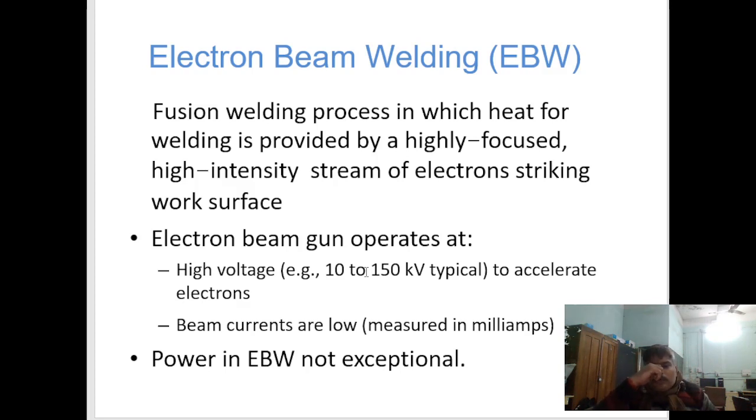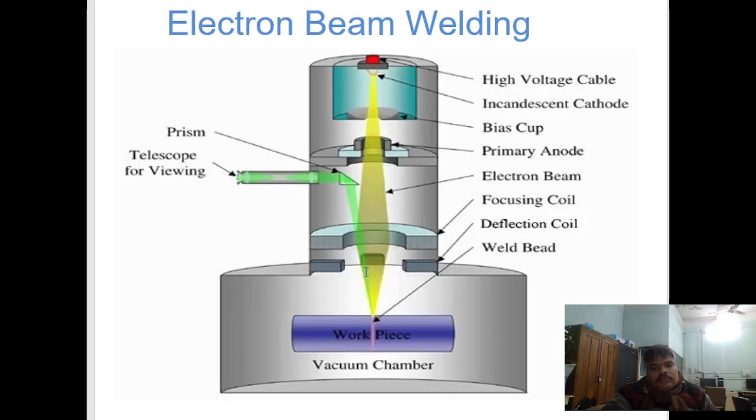Beam currents are low, measured in milliamperes. Power in EBW is not exceptional. Electron beam welding: high voltage cable, incandescent cathode, bias cup, primary anode, electron beam, focusing coil, deflection coil, weld bed, and vacuum chamber.